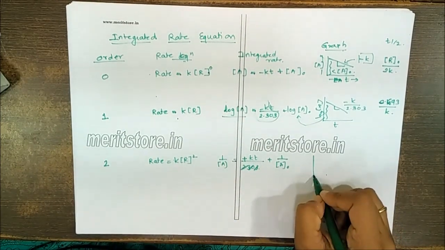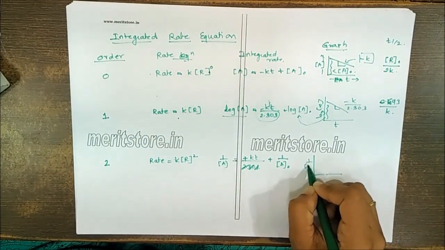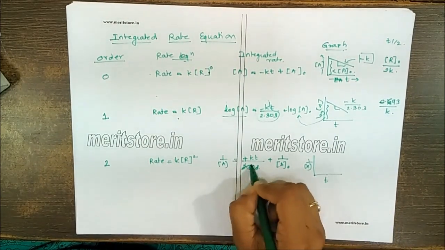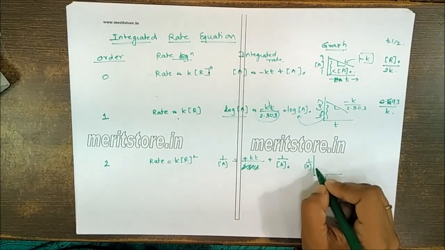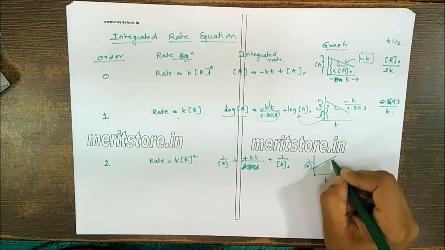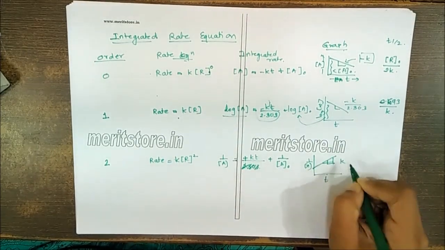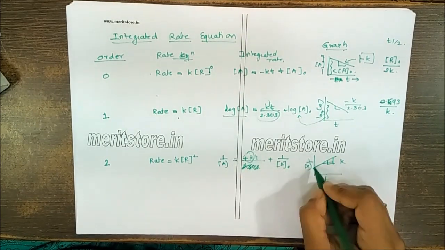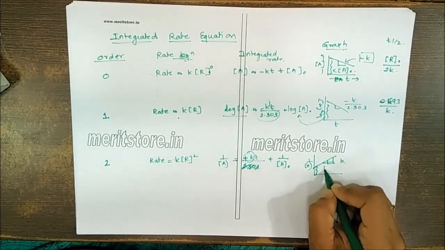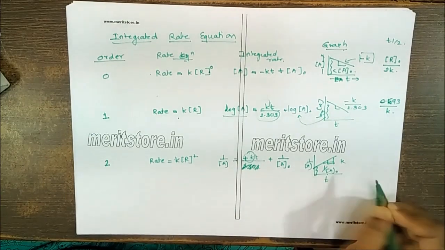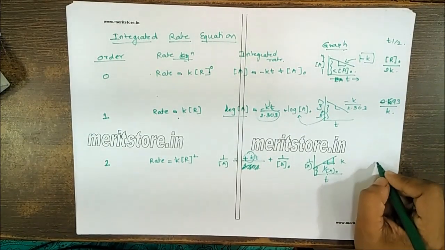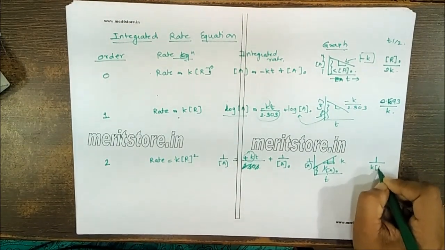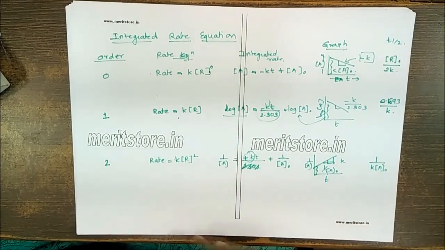So if you plot the graph of 1 upon A versus T, this will be a positive slope, and the positive slope will give us an idea about K, while the intercept on the y-axis is 1 upon A0, while the T half for this is 1 upon K into concentration of A0.